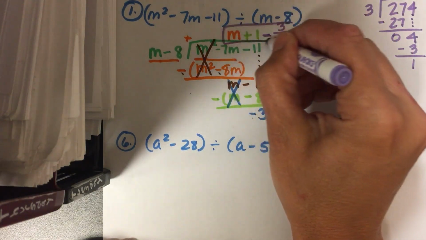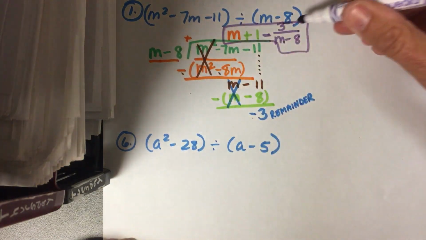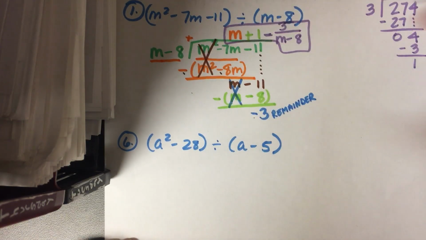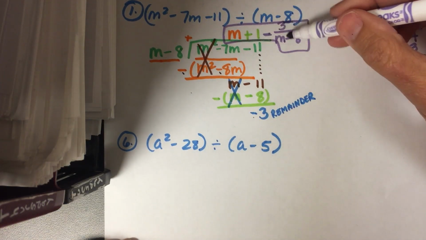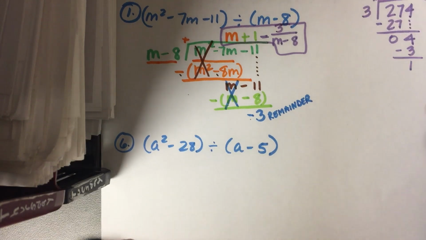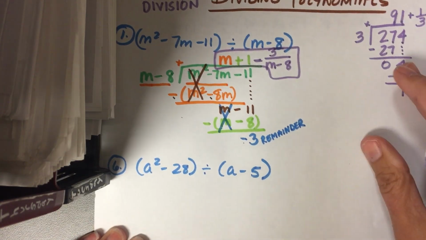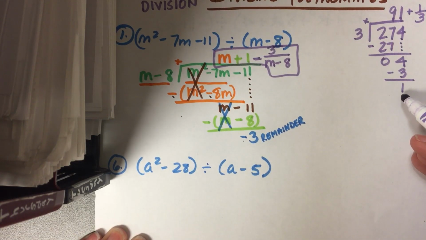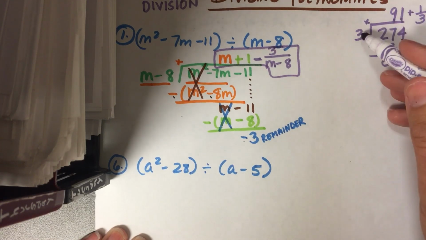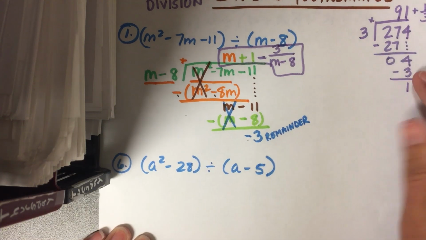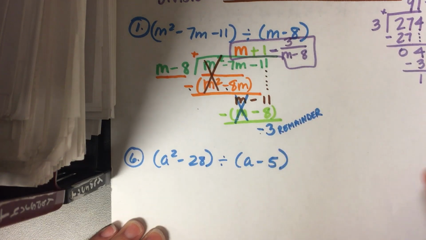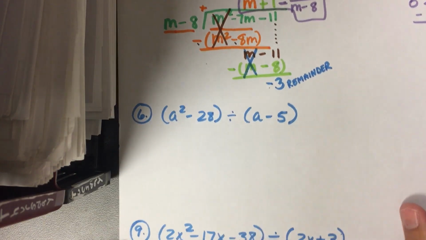And that is your final answer. Why do I do this? m minus 8 is what I'm dividing by, and I have negative 3 out of an m minus 8 left over. Just as over here, I had 1 left over out of 3. 1 left over out of 3, negative 3 left over out of m minus 8. So that's how you do long division.